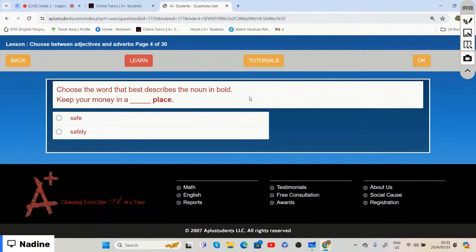So we say, keep your money in a, do we say in a safe place or in a safely place?